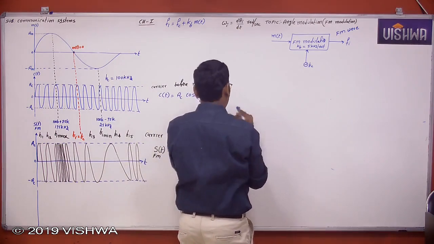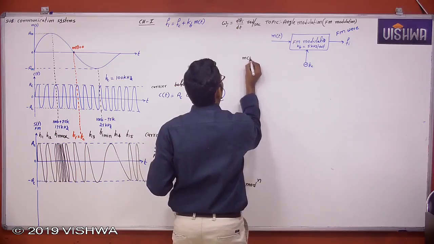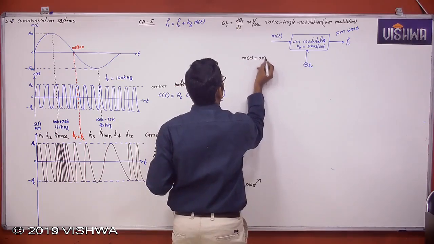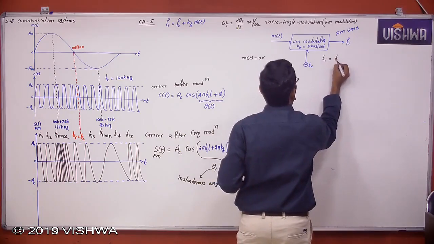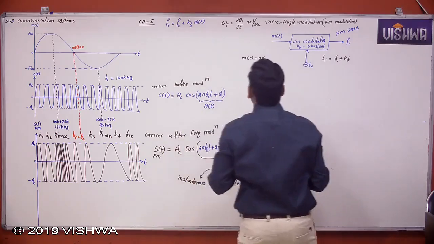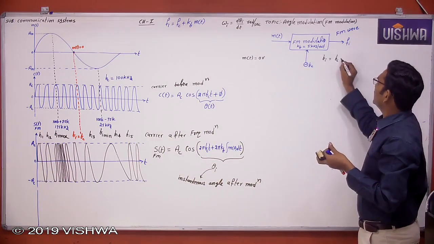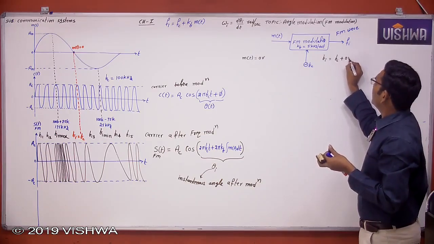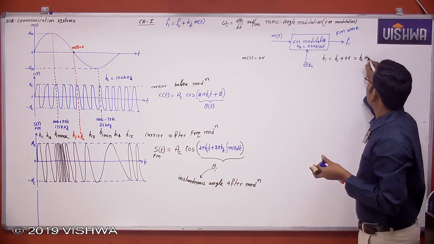Let us see, for example, m of t equal to 0 volts. Then what is Fi? Fi is equal to Fc plus Kf into m of t. What is m of t? m of t is 0. Therefore Fi is equal to Fc plus 0 volts, which is equal to Fc hertz.